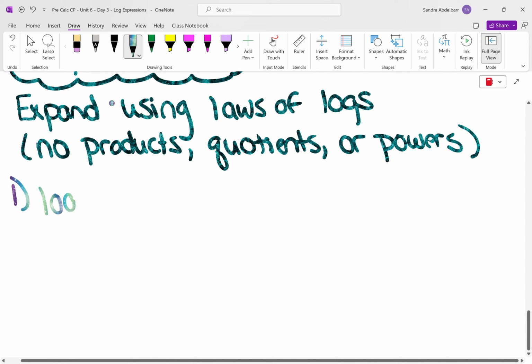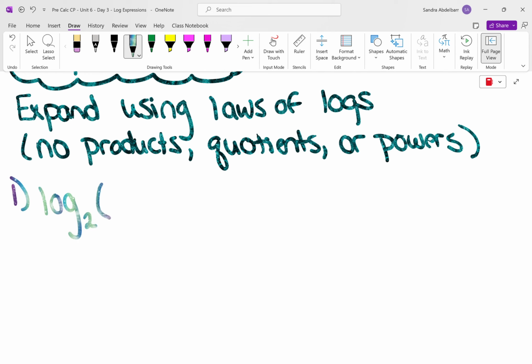Okay, first one. Log base 2 of 3xy cubed.